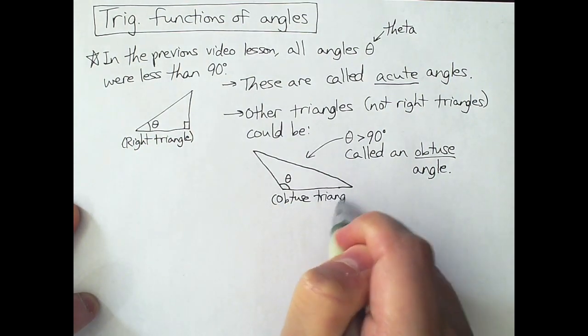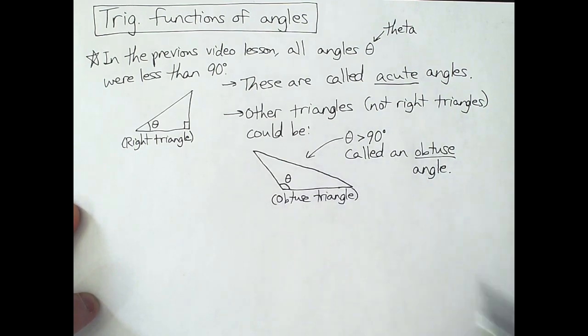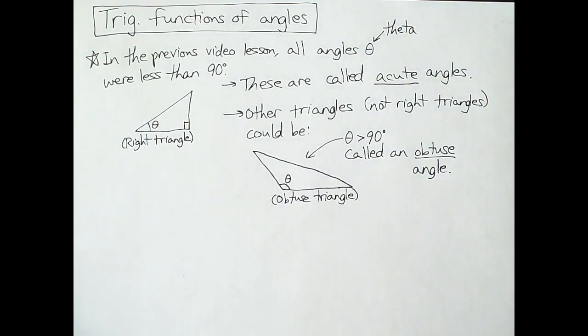An obtuse triangle is just a triangle that has an obtuse angle in it. Do you think a triangle could have more than one obtuse angle? Well, no, because you, again, wouldn't be following the rule that all three angles have to add up to 180. So these are kind of the two depictions of triangles that we're going to be the most interested in for this class.